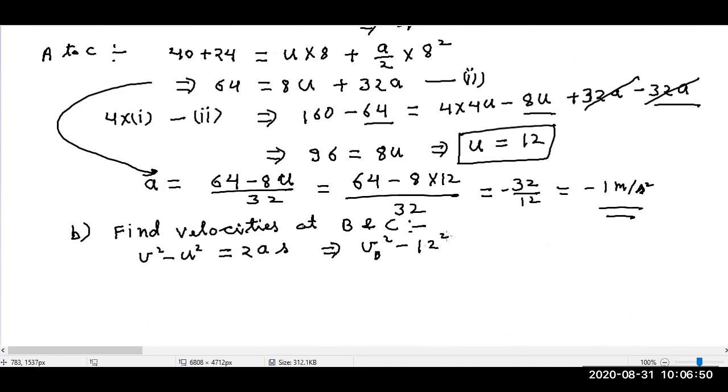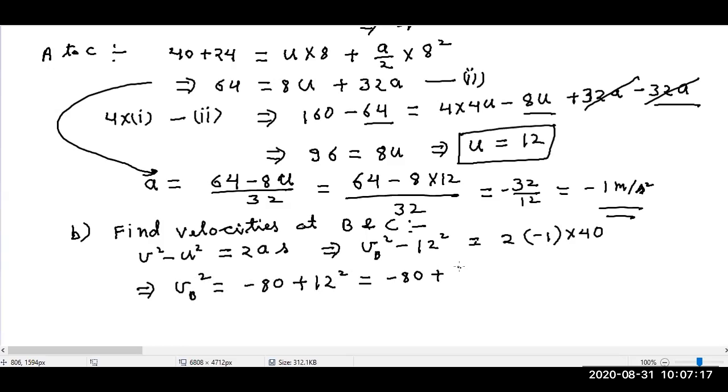So 12 square, and acceleration was coming minus 1, and s was 40 up to B. So vB square equal to minus 80 plus 12 square, that is minus 80 plus 144. So if we solve it, v will be equal to root 64, which means plus minus 8 meter per second.